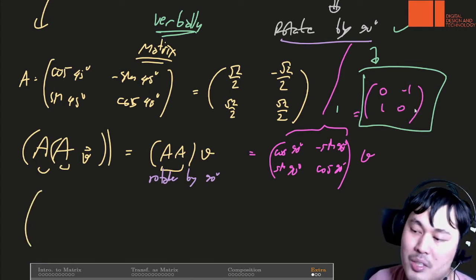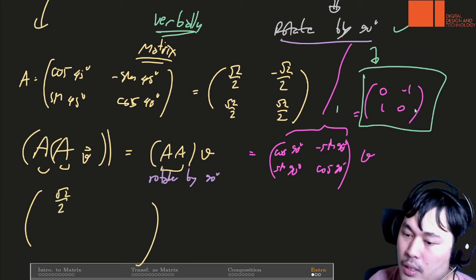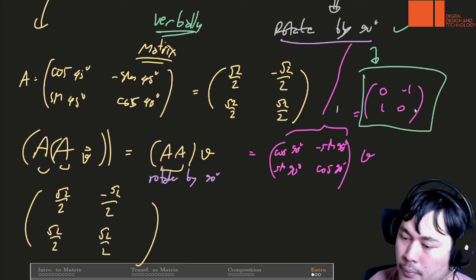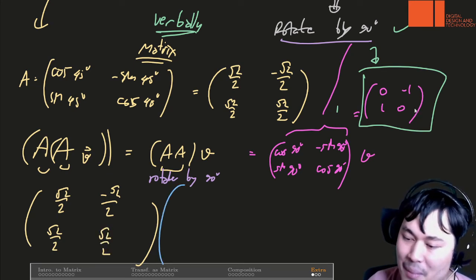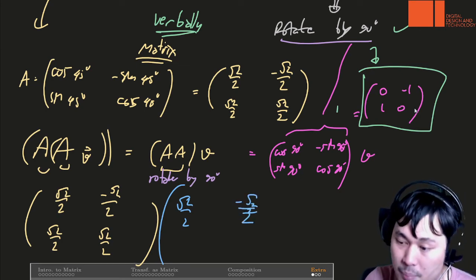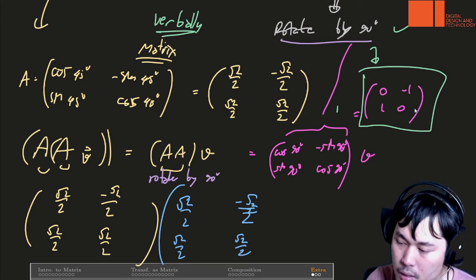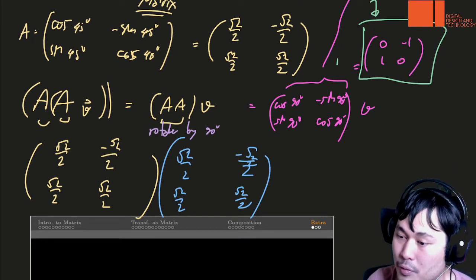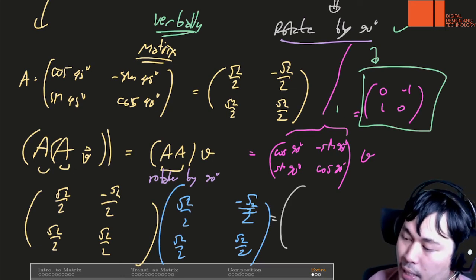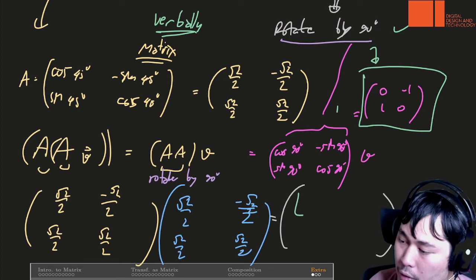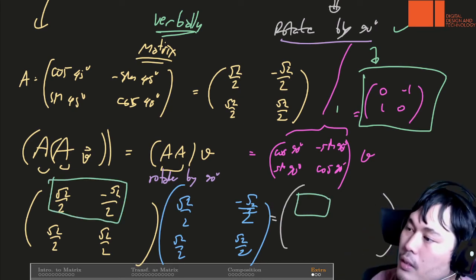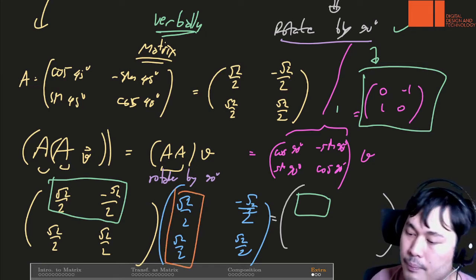Alright, so it should be the same if you use a calculator. But just in case, let me show you a little bit what is going on here. If you do it by hand, which is somewhat evil, I may or may not ask you to do that, but suppose you have all these numbers. Let's do it just for a single entry. To multiply that, you want the first entry, and that comes from the first row of the left matrix times the first column of the right matrix.